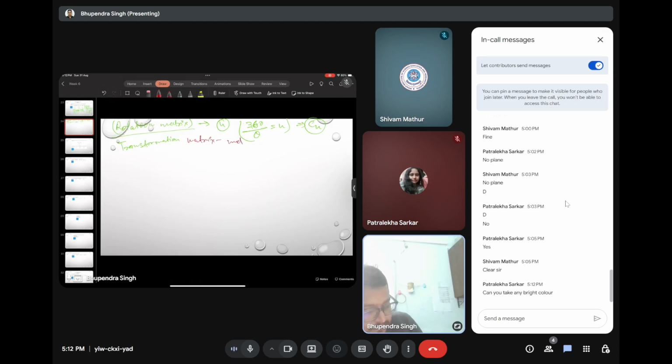So matrix representing symmetry element. Okay, like X, Y, and Z. So this transformation matrix represents the symmetry elements.